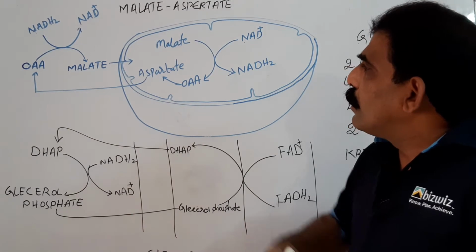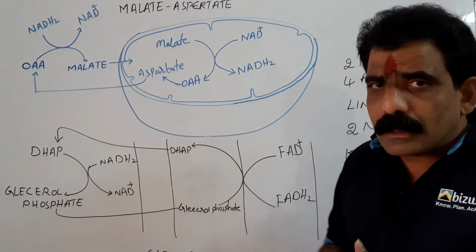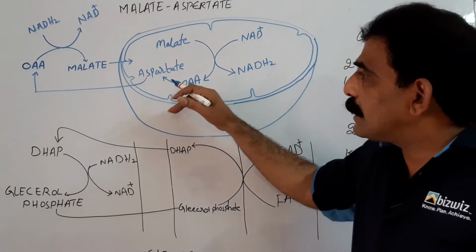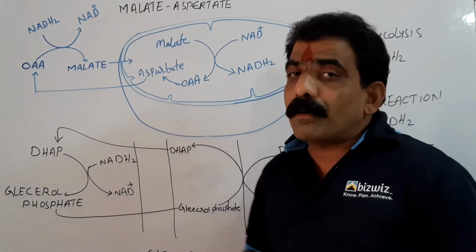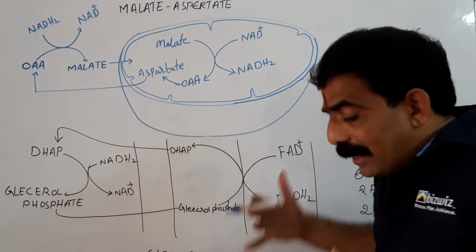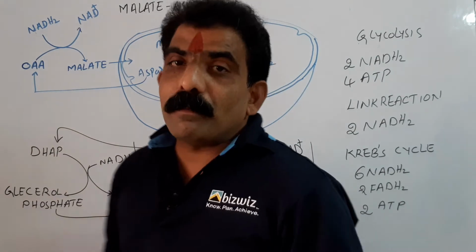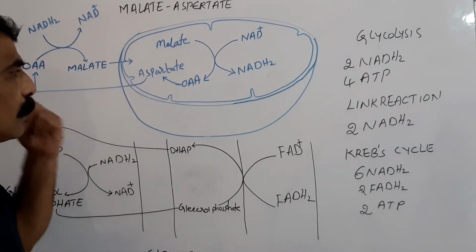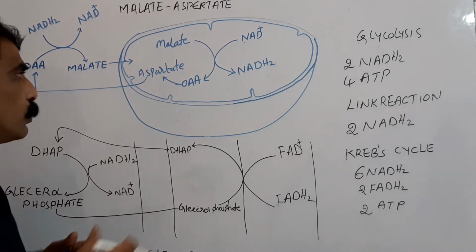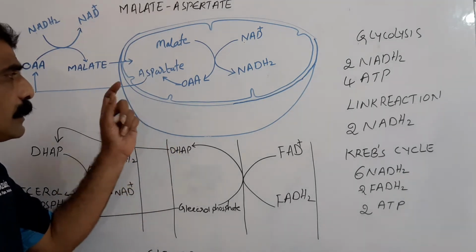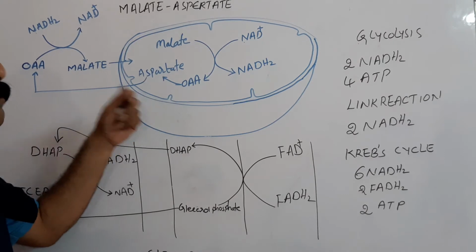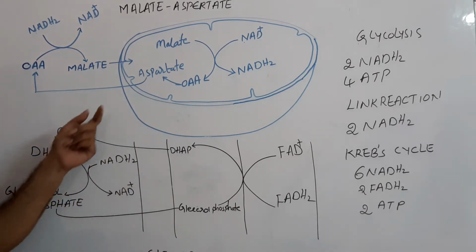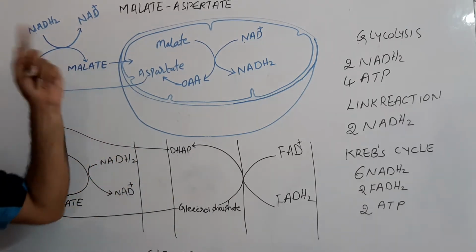Now oxaloacetic acid is formed here. This oxaloacetic acid cannot cross the inner mitochondrial membrane because the inner mitochondrial membrane is impermeable to oxaloacetic acid. It does not allow the oxaloacetic acid to go out. So oxaloacetic acid undergoes amination, resulting in the formation of an amino acid known as aspartate.